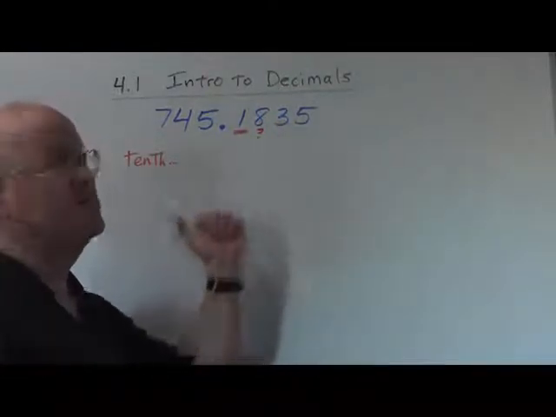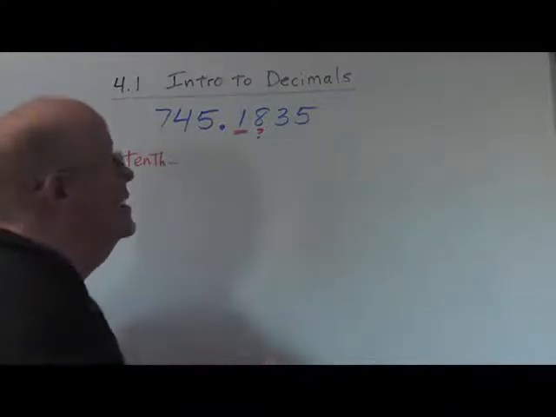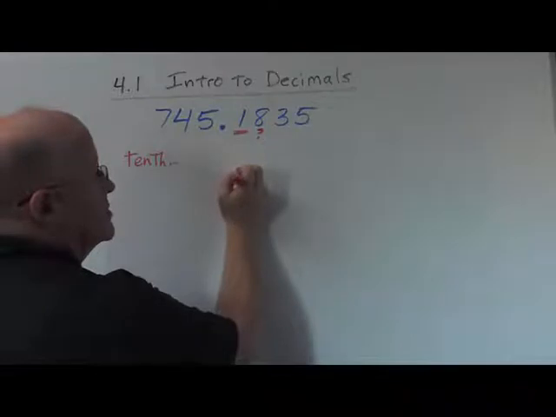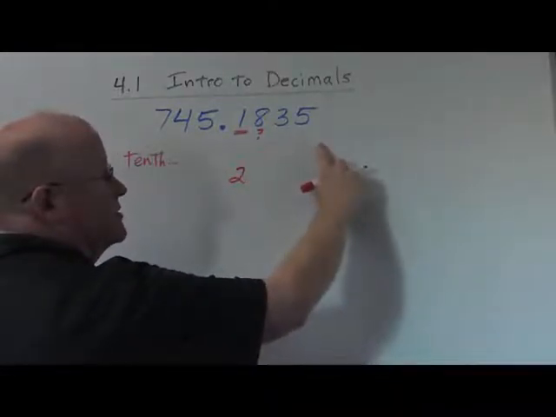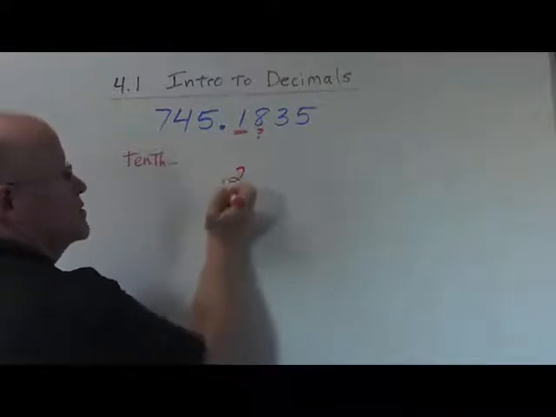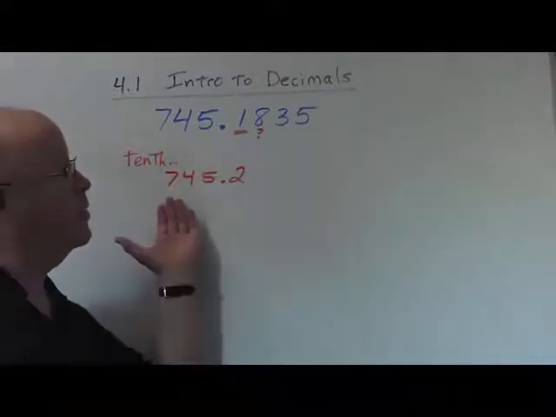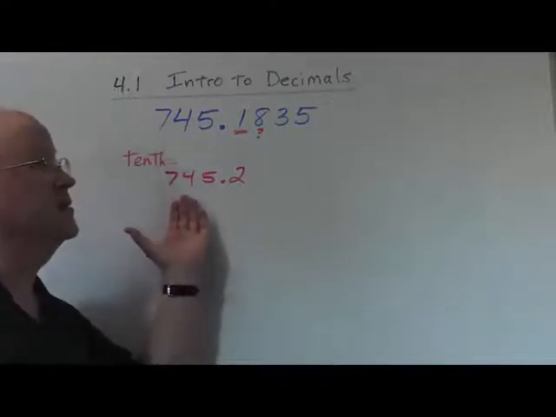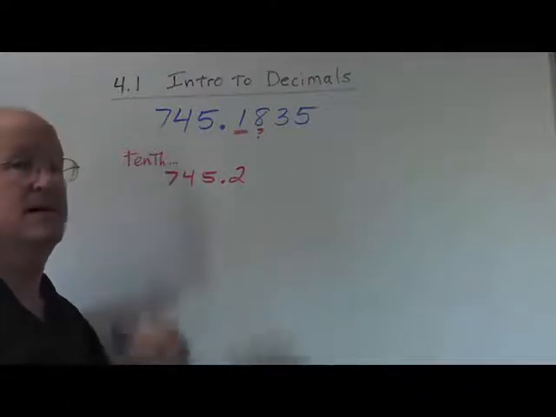And since 8 falls in the 5 through 9 category, we will be rounding up. And so this 1 will become a 2, but we do not replace the remaining values with zeros. Instead, we just finish this with a 0.2, 745.2, or we can pronounce that as 745 and 2 tenths. Notice how I'm pronouncing the tenths there.